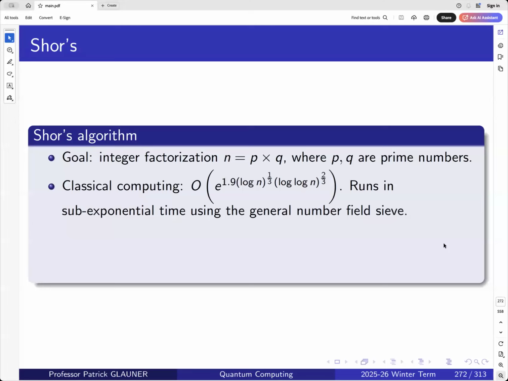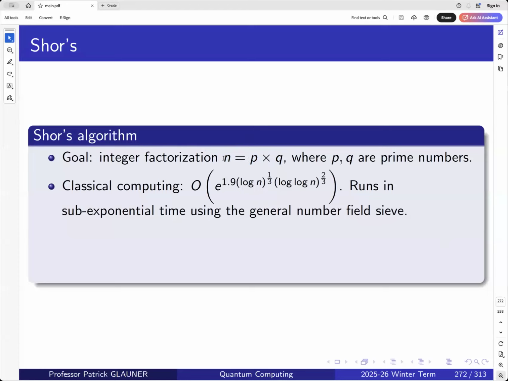While Grover's algorithm is a highly generic algorithm that gives us a squared speedup, there is something more specific, and that's concretely Shor's algorithm. And Shor's algorithm does the following. A lot of encryption methods that we use nowadays are based on the fact that we have some integer n, and that n is the product of p and q, where p and q are prime numbers.